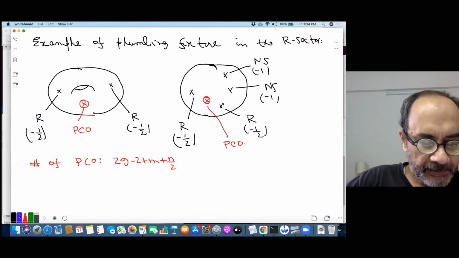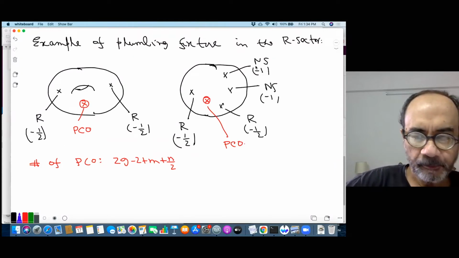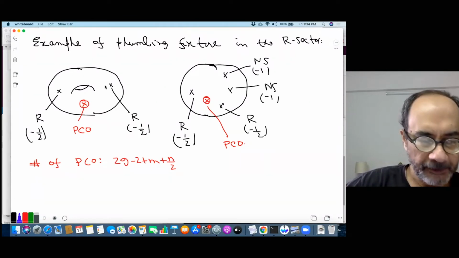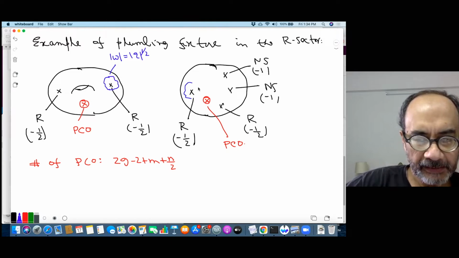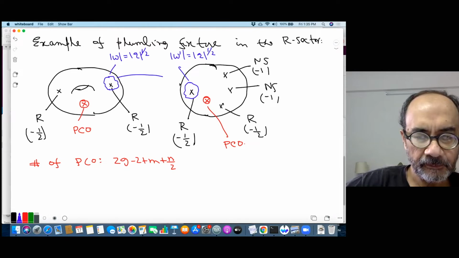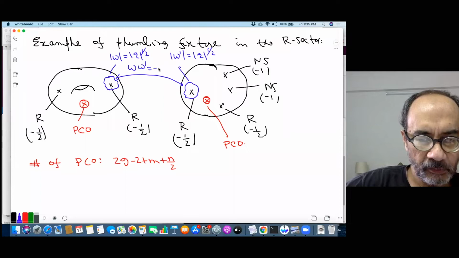Now, when you do the plumbing fixture, that means when you join these by a Feynman diagram, by a propagator, what you are supposed to do is to take some |w| equal to |q|^(1/2) surface here, and then you take another |w'| equal to |q|^(1/2) surface here, and then identify them using w w' equal to -q.